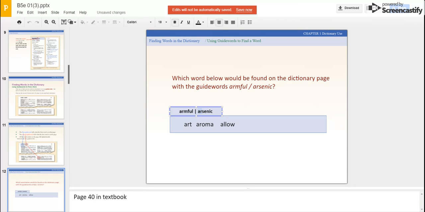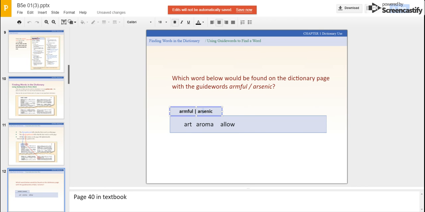But then it's going to be between ARM and ARS. Any of the words in between could be words that start with ARM-F all the way up to words that start with ARS.